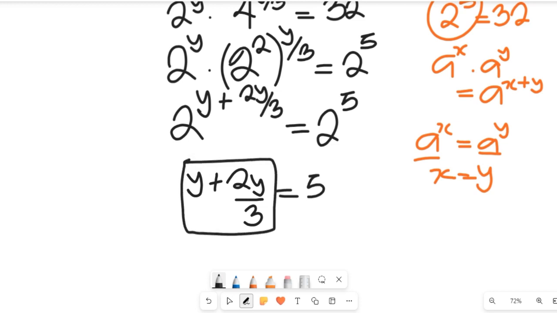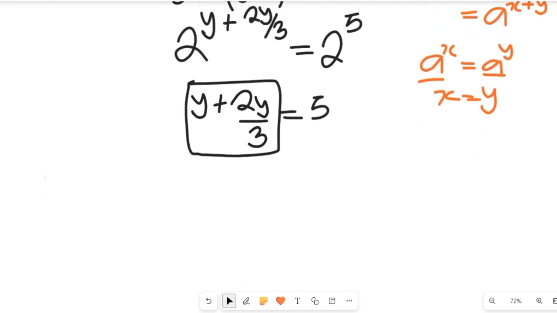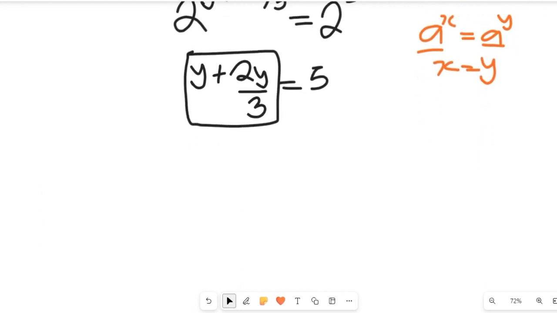And remember, to simplify this, we find the lowest common denominator, 3, and this whole thing will be divided by 3.